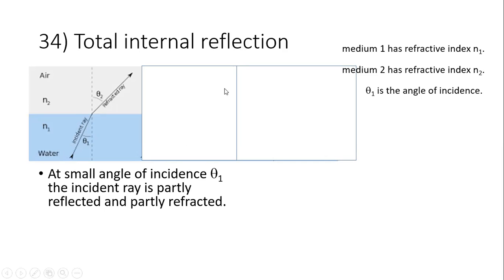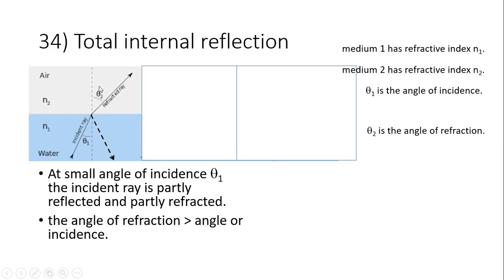At a small angle of incidence theta 1, the incident ray is partly reflected, which is here, and partly refracted.